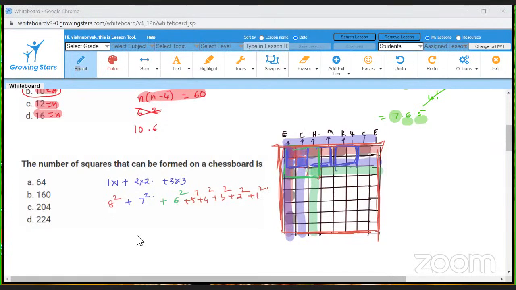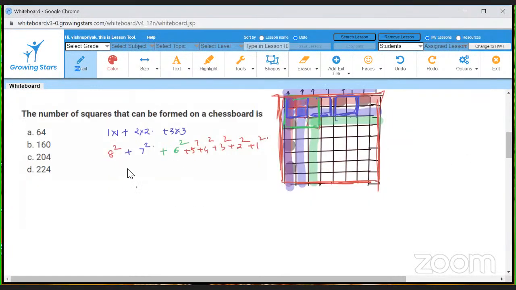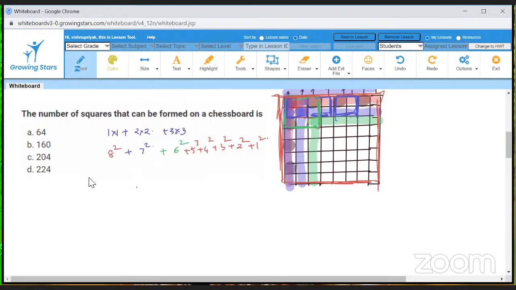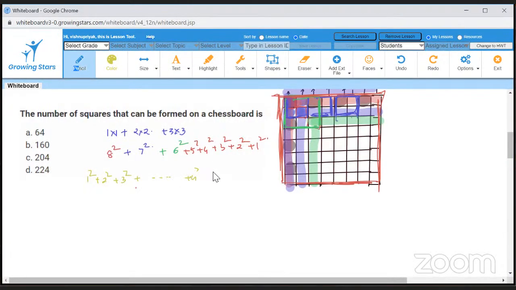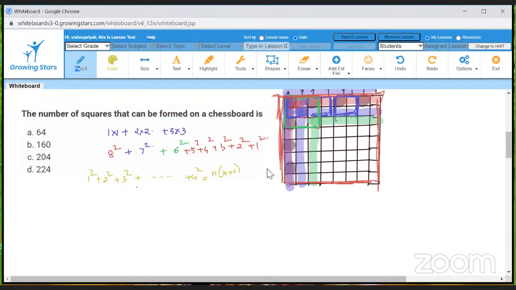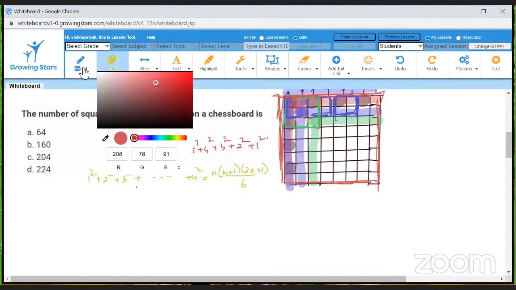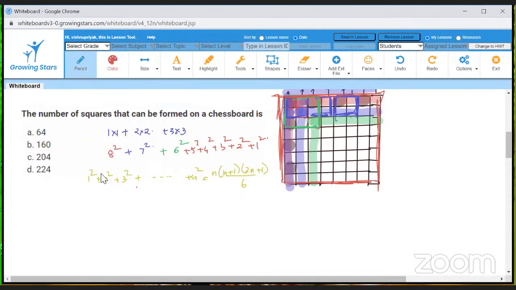So Shivu also told me one answer. Let's see whose answer will be correct. The one which we got here is the sum of squares of n natural numbers. The formula for this is n into n plus 1 into 2n plus 1 by 6. But here we have only up to 8, not n, 8.